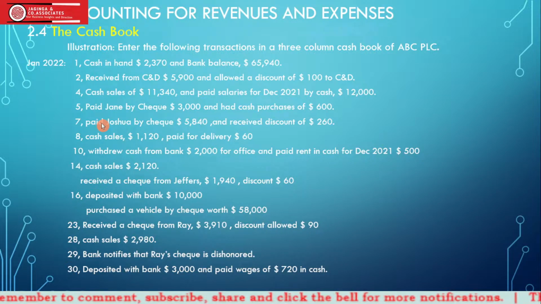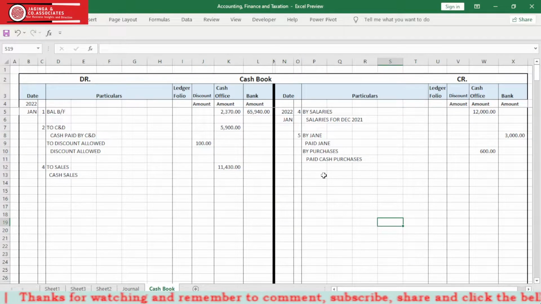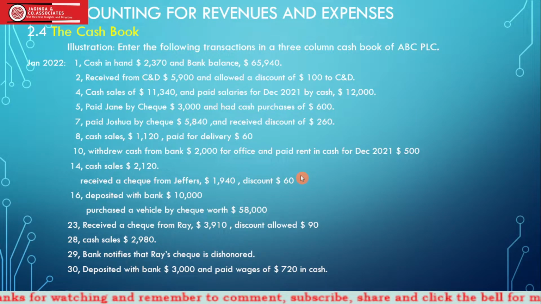So we are moving to 7th. On 7th, paid Joshua by check worth 58.40 and received a discount of 260. Remember we said the discount received is an income, so that one will be credited. So here, this was 7th.